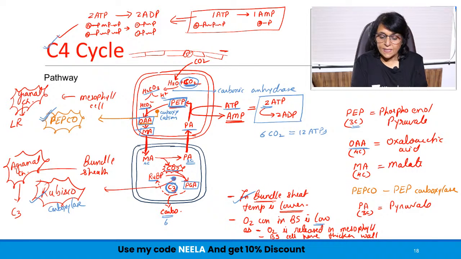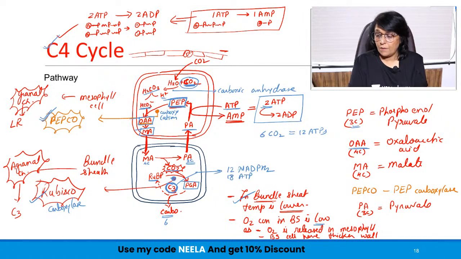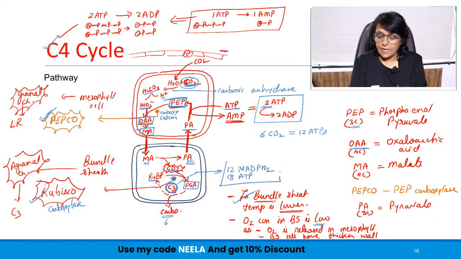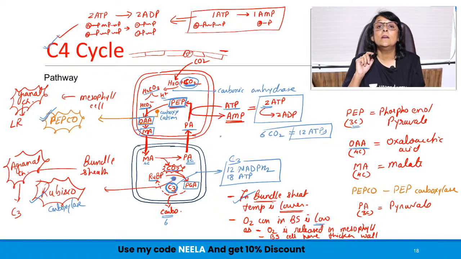And C3 cycle anyways is taking place here. C3 cycle requires 12 NADPH2 and 18 ATP. So now what is the total? If you are talking about C4, this anyways is there in C3 cycle and this extra, so there will be 12 NADPH2s required and 30 ATPs.